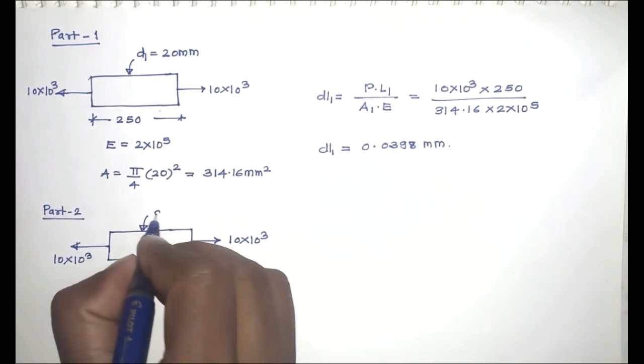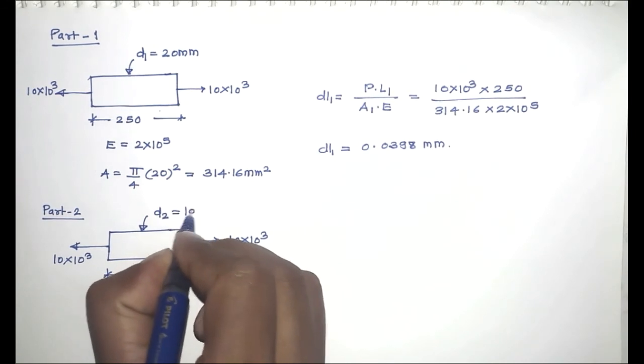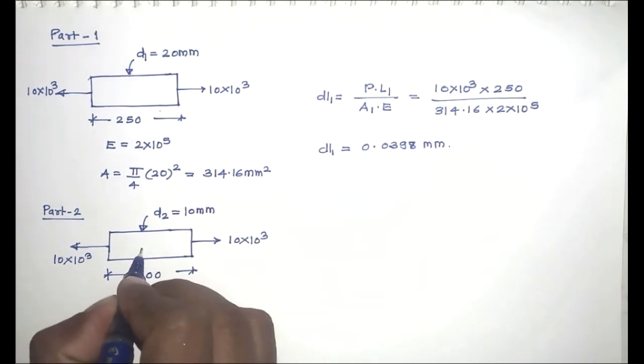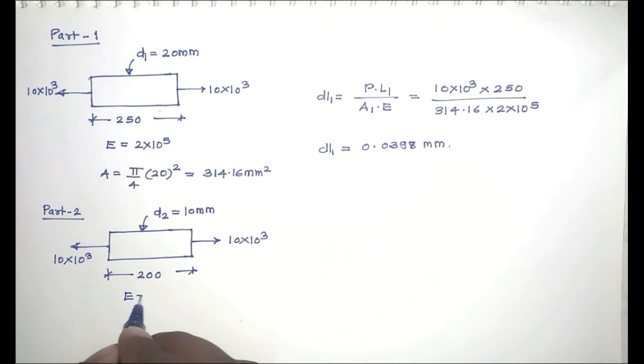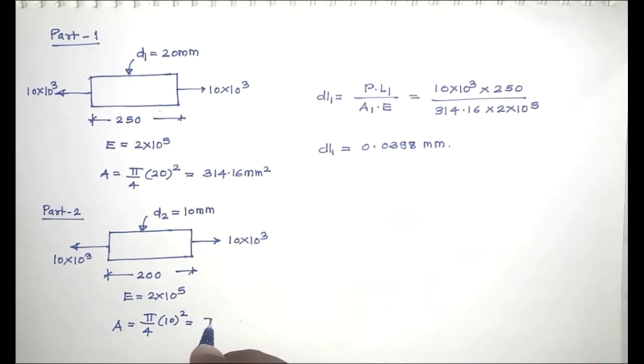The diameter for this is 10 millimeter, and the value of E equals 2 into 10 to the power 5. Now the area for this we can calculate. Area equals pi by 4 into 10 square, which equals 78.54.